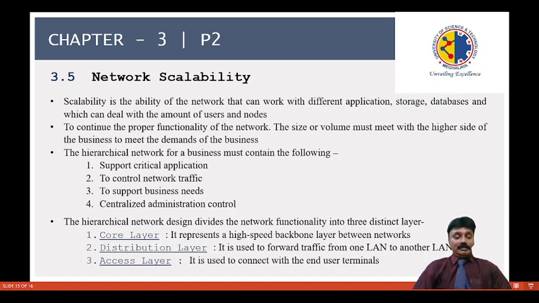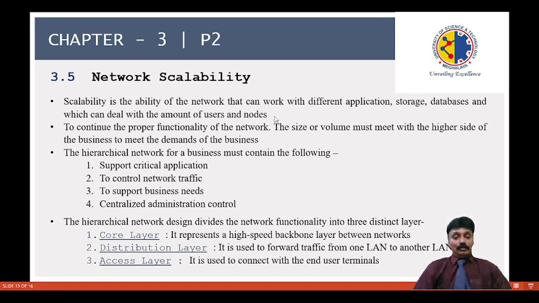So in terms of explanation, scalability is the ability of the network to work with different applications, storage, and databases, and to deal with the number of users and nodes.